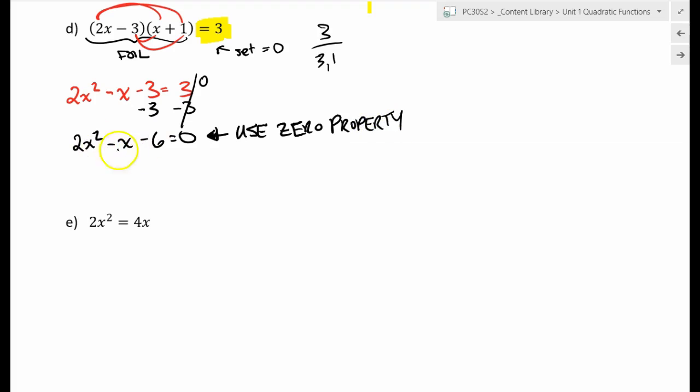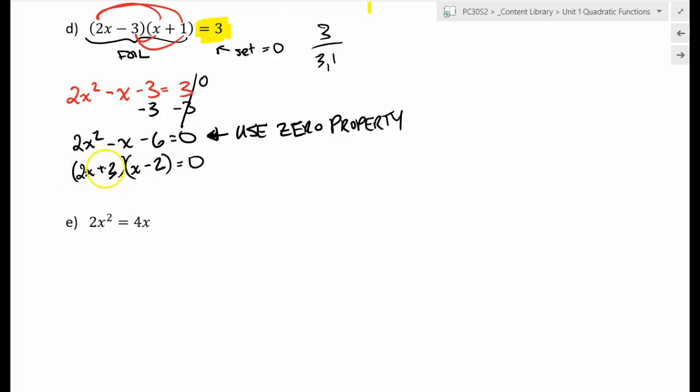Okay, so I'm going to have to factor it from here. Now, luckily enough, this one isn't too bad. 2x and x, so my options are 6 and 1, but that's not going to get me anywhere near my middle term. So I'm going to go with 3 and 2. 2 times -2 is -4, plus 3 is -1.